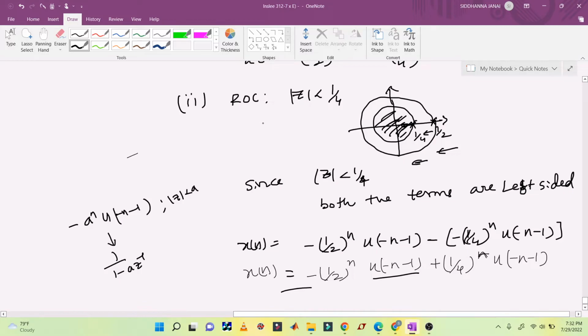If it is greater than a we get u of n; since it is less than a, the inverse z transform is this. So wherever a is there we put 1 by 2 and 1 by 4. By that rule we have got this one.